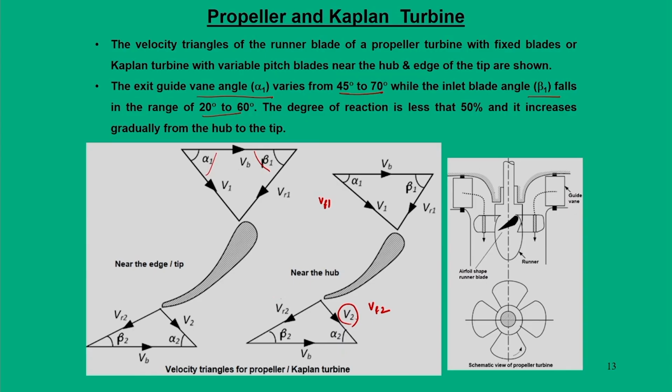Another significant feature is the design of the blade, that means it is at the hub and it is at the tip. So, there are two locations, at the hub and at the tip. The change is very gradual from the hub to the tip, and at every location we can have velocity triangles.